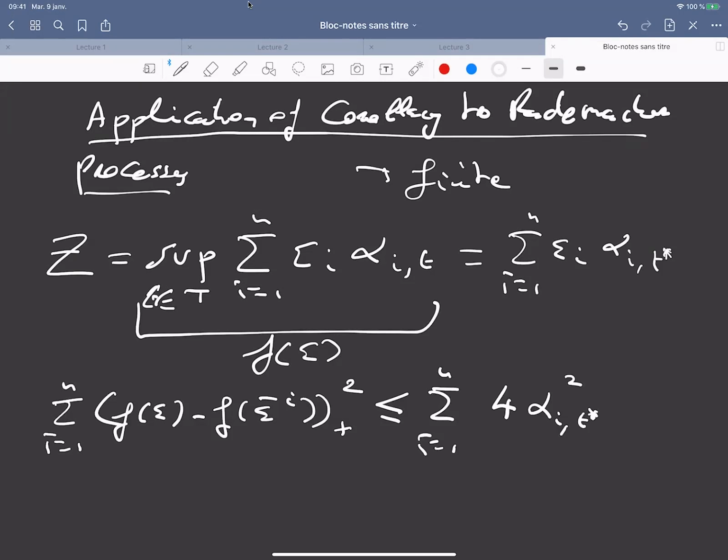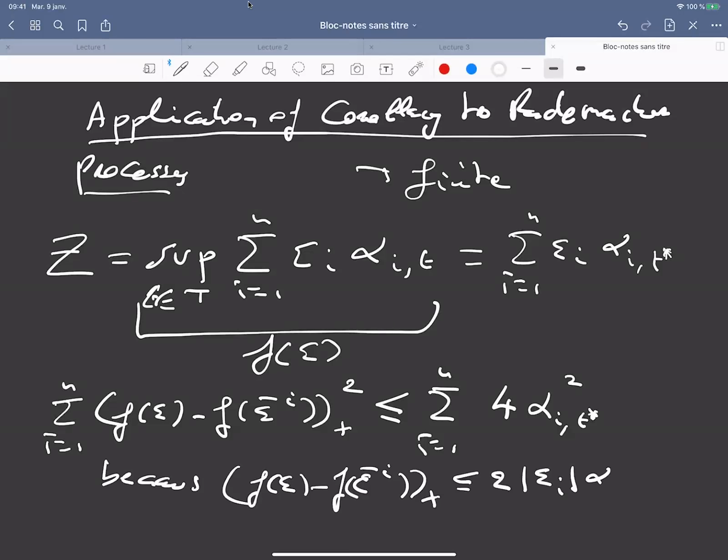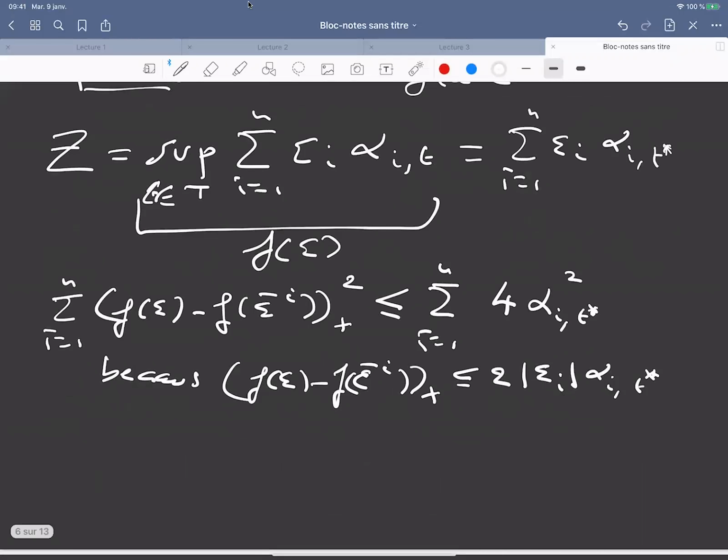And when you put the square, it gives you 4. Just because f(epsilon) minus f(epsilon-bar^i) positive part is less than 2 times epsilon_i in absolute value times alpha_{i,t*}. And after that, you can always upper bound this quantity by 4 times the sup.